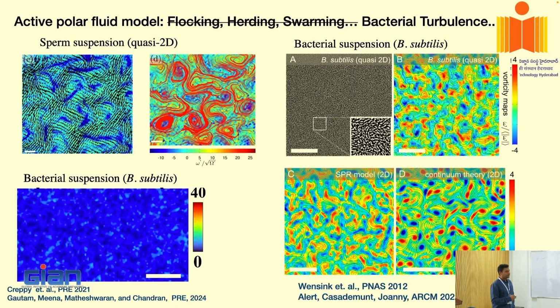But the behavior that we noticed for the bacteria or for the sperm, we are going to call bacterial turbulence, because the structures that appear are of a length scale smaller than the system size, but of course greater than the individual microscopic level. So you can see in all these systems, the structures are of intermediate size, mesoscale.